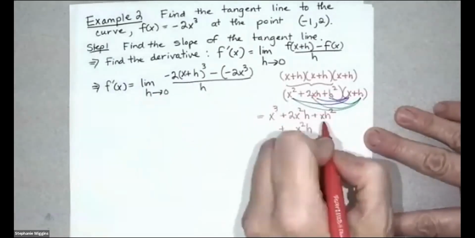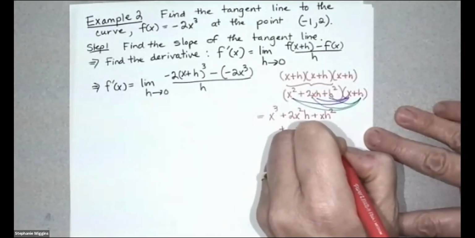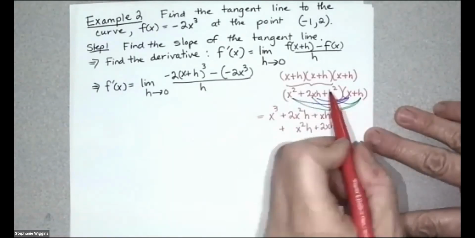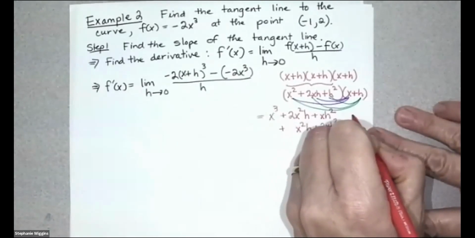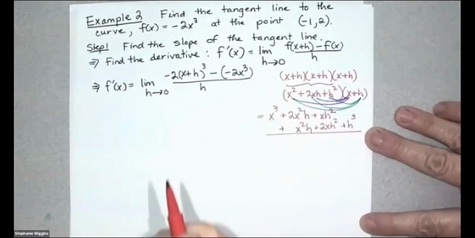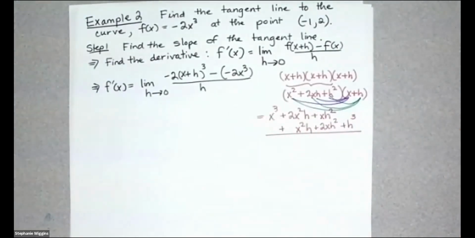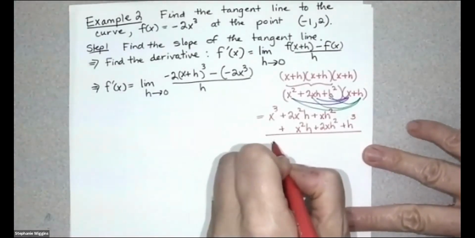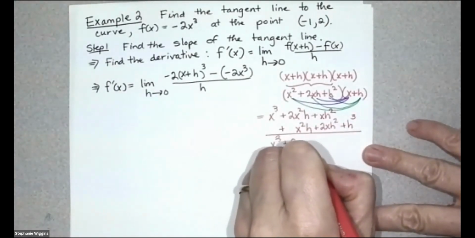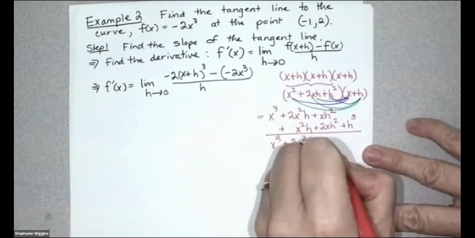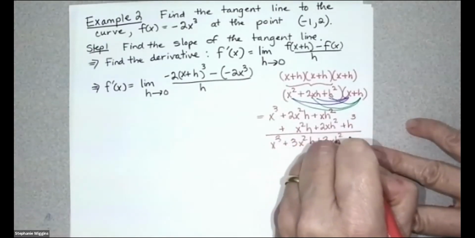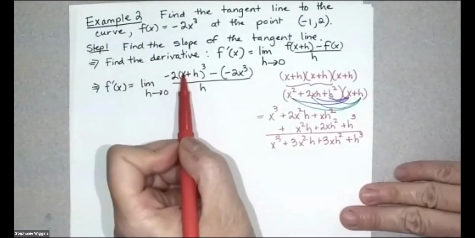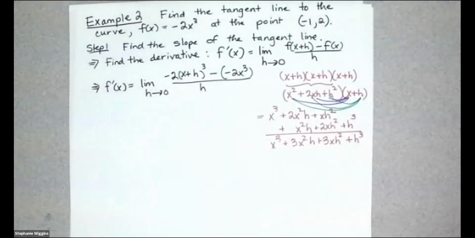H times 2xh is 2xh squared. And finally, h times h squared is h cubed. Okay? Now I'm going to combine like terms, and I get x cubed plus 3x squared h plus 3xh squared plus h cubed. So this is x plus h cubed.